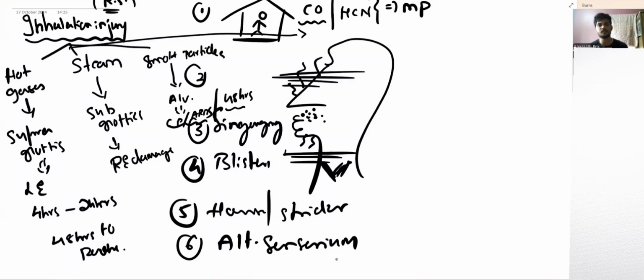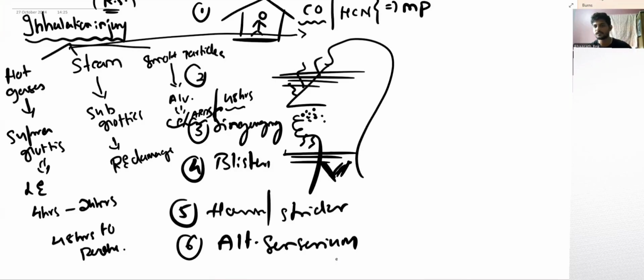Now, this is the mechanism of inhalational injury. Along with that, what is important is that this is the source that is producing these injuries. Now, the body also responds, and the body responds in a manner that aggravates this injury from the source.